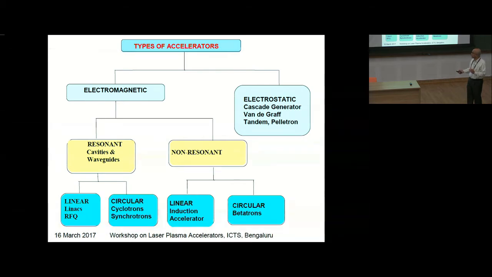Under non-resonant acceleration come the induction accelerators and circular electron machines. These are not very much used for making high energy machines, but for very specific uses they are used. This acts like a transformer. So the RF field, the coil, and the electrons themselves act as the secondary of the transformer winding. You put a large pulse, they change the field with a high frequency, and the electrons pick up the energy.